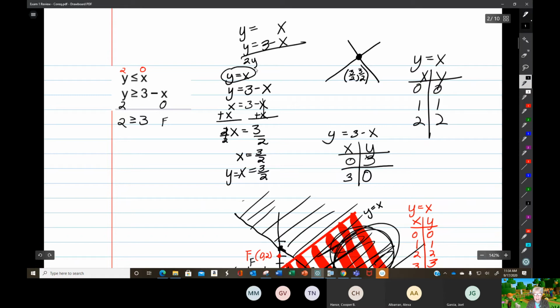So you'd have 2y equals 3. X minus x is 0. 2y equals 3, you'd get y equals 3 over 2. And then if you go back up here, y equals 3 over 2, and y also equals x. So x is going to be 3 over 2. So it would not be rocket science getting the vertex.